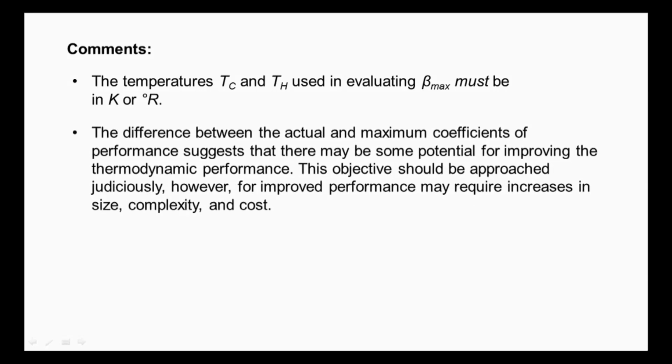The difference between the actual and maximum coefficients of performance, 2.5 versus 9.9, suggests that there may be some potential for improving the thermodynamic performance of the refrigerator. However, while very justified, this objective should be approached very carefully, as improved performance often requires increase in size, complexity, and cost.